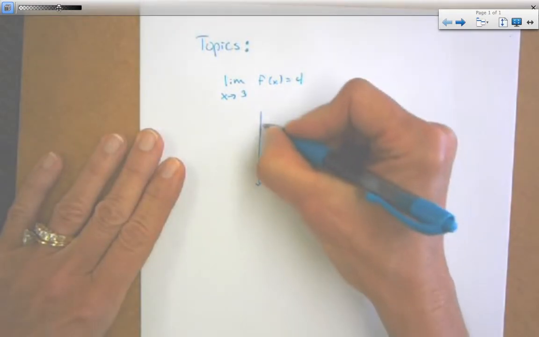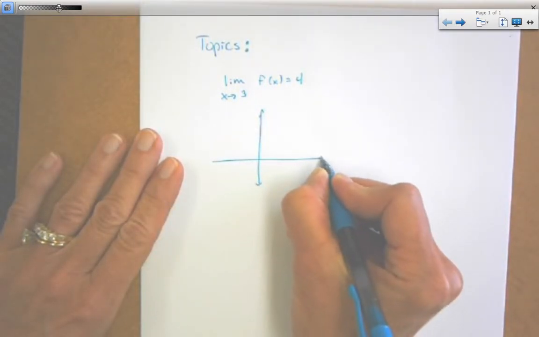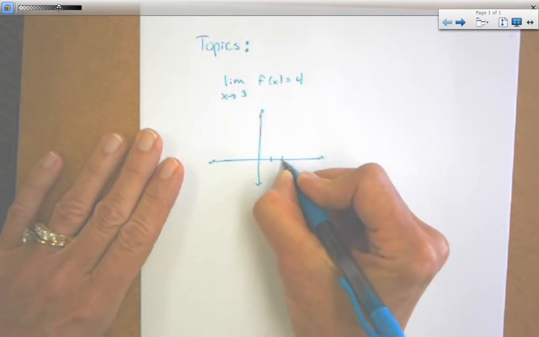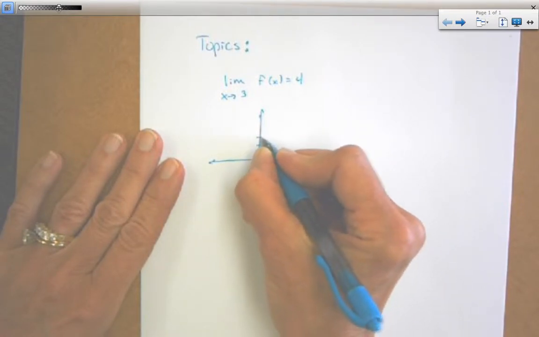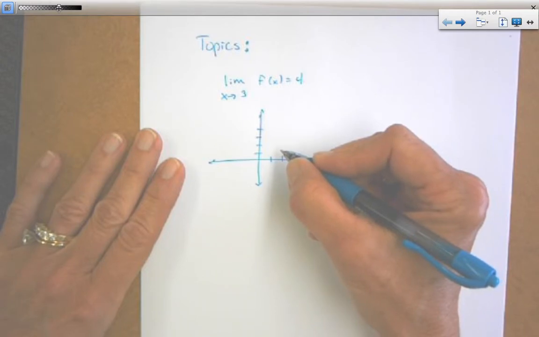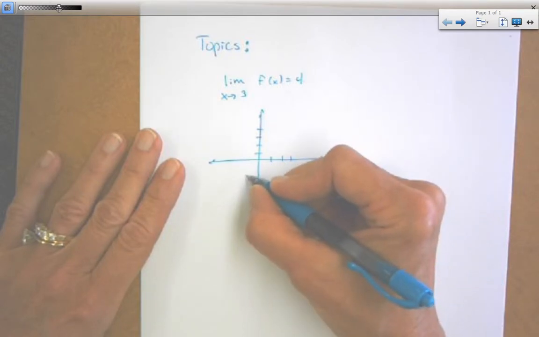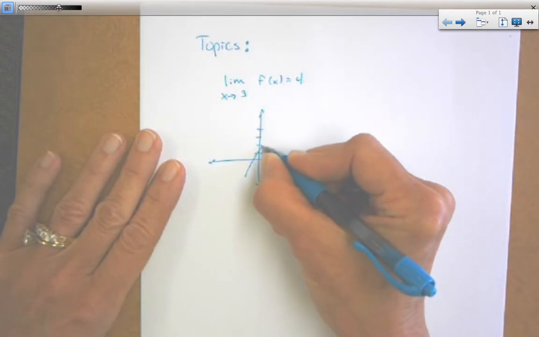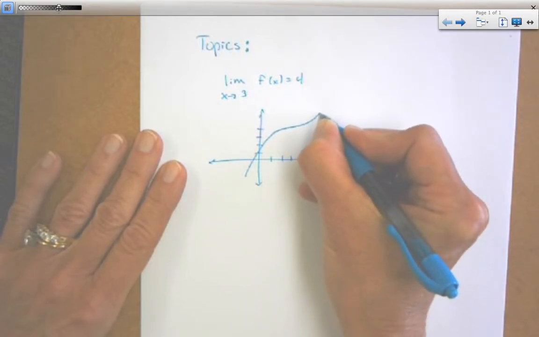So, I want to ask you, what if I had something that looks like this nice curve comes up?